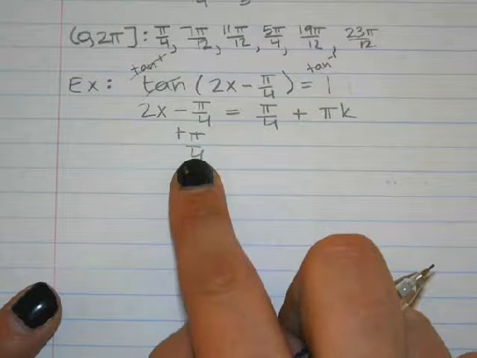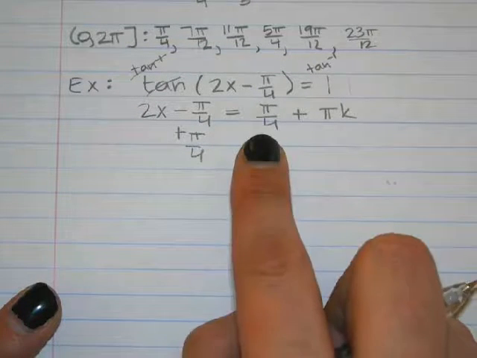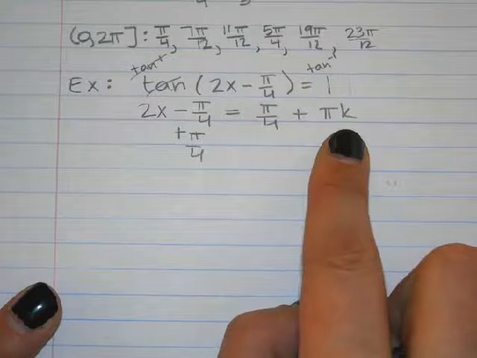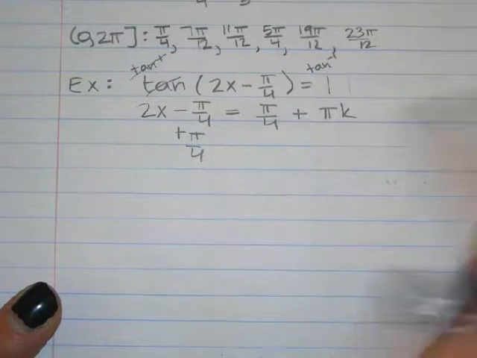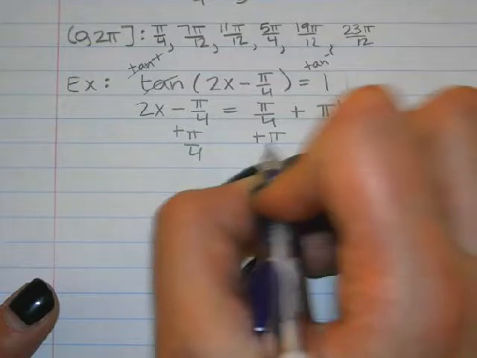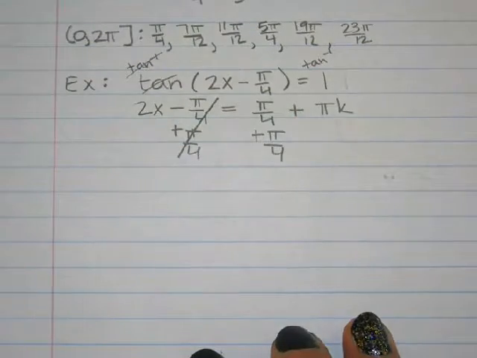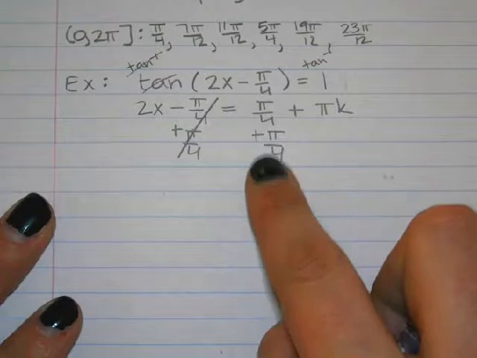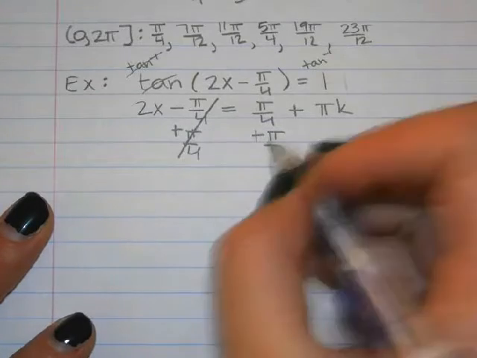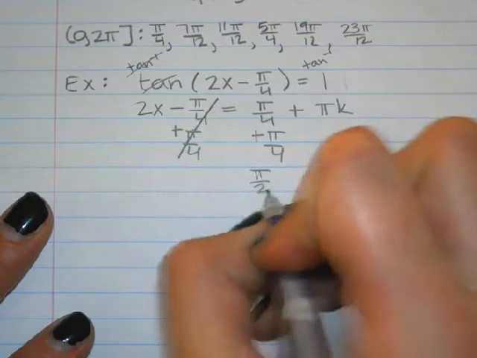This is a plain pi fourths. Does it go with a plain number, or does it go with a number that has a variable? It goes with a plain number. So I'm going to say plus pi fourths. So it's 2 pi fourths, which is pi halves. We have 1 pi fourth added to another pi fourth. So 2 pi fourths gives me pi halves.